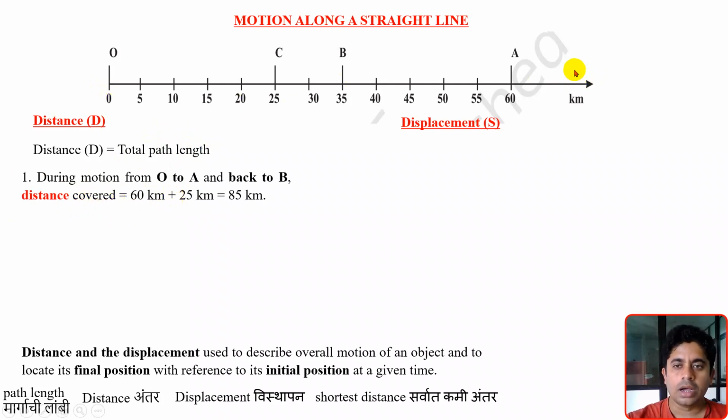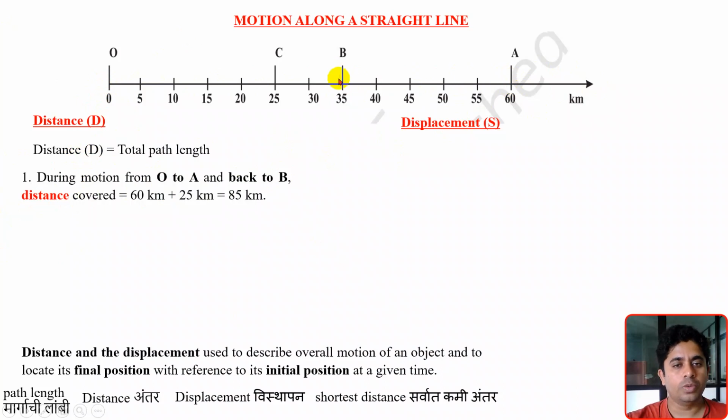In this graph, the object has traveled along a straight line, during the motion from O to A and back to B. From A again it has come back to B. The distance covered is... as I said, distance means total path length. Simply O to A, what is the path length? 60 kilometer.